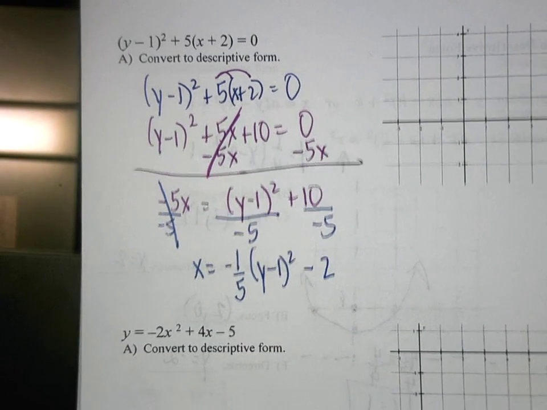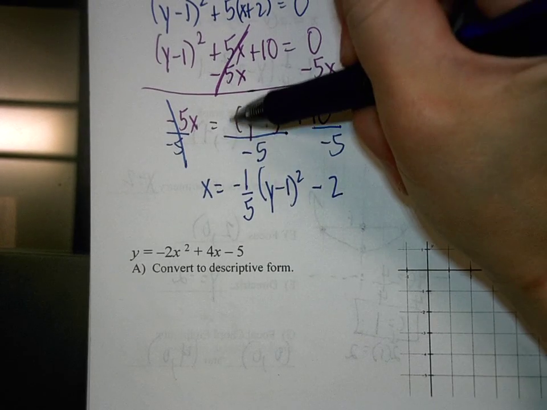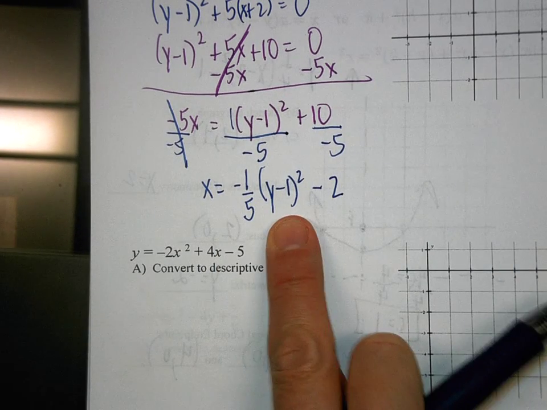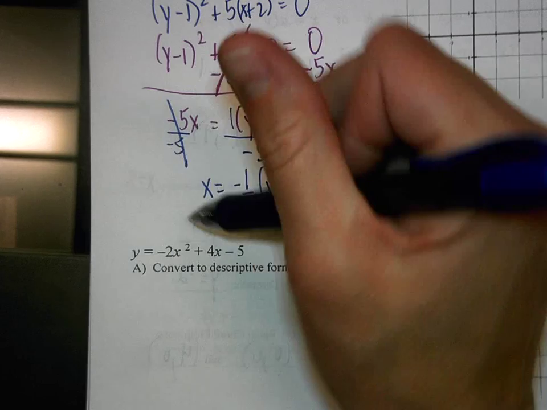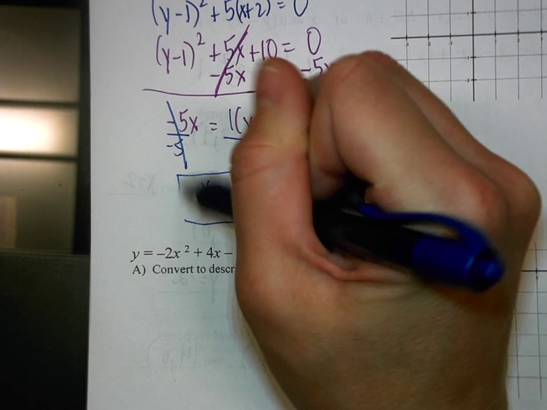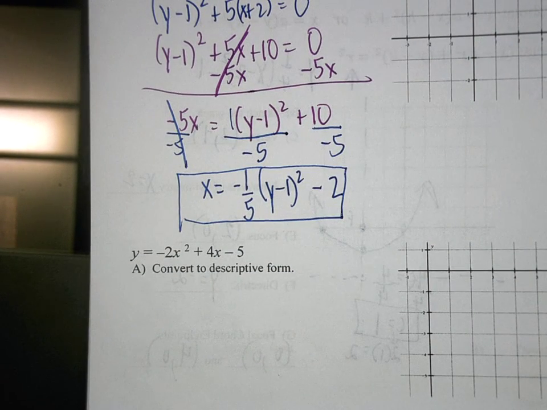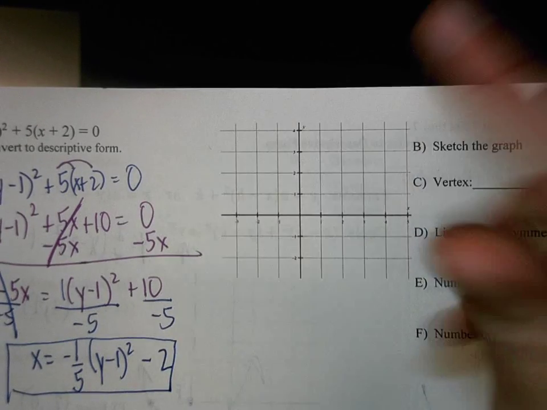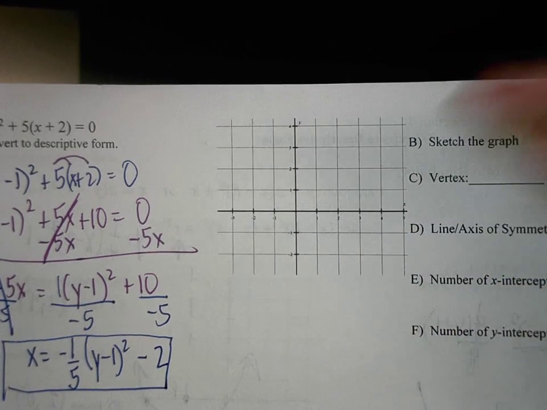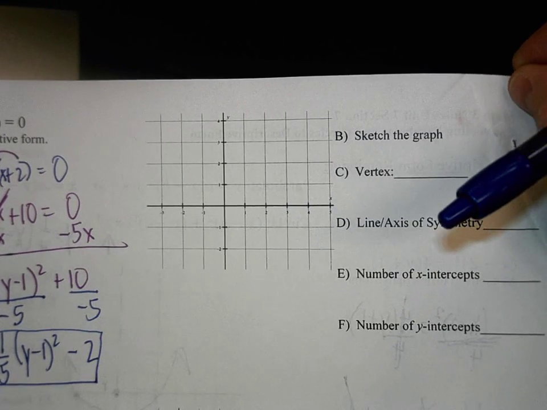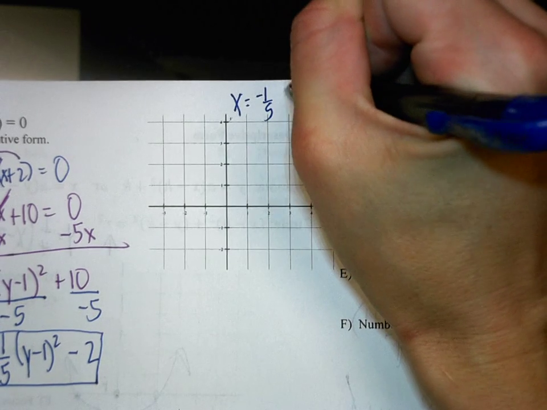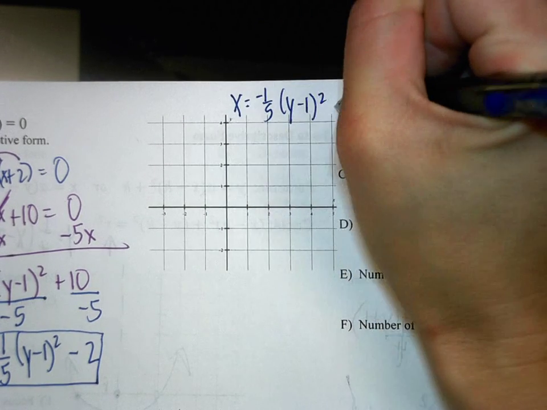Good. So we take out the fraction, so we get the negative 1/5, y minus 1 squared, and then 10 divided by negative 5 makes a negative 2. So there's my equation. We're going to move this up here just so that we can see it on the same screen. So x equals negative 1/5 y minus 1 squared minus 2.